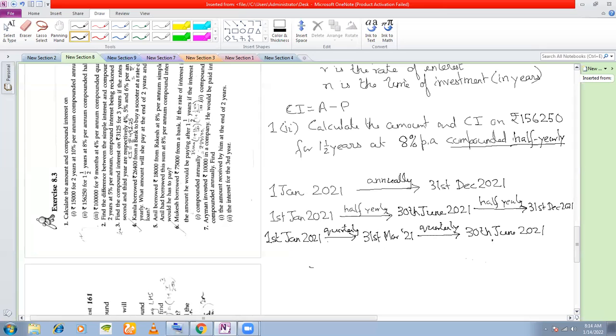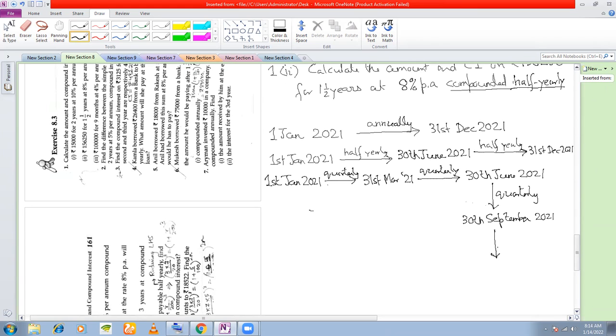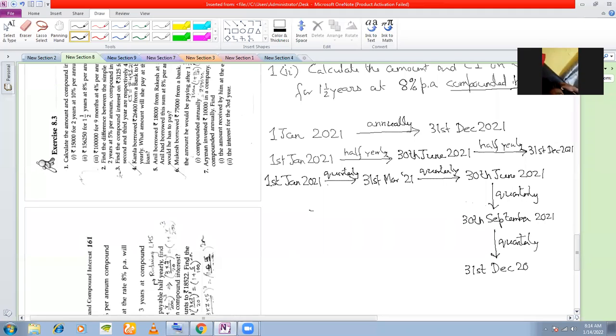Next installment of interest you are going to get in September, that is 30th September. And finally, the last installment you are going to get on 31st December 2021.